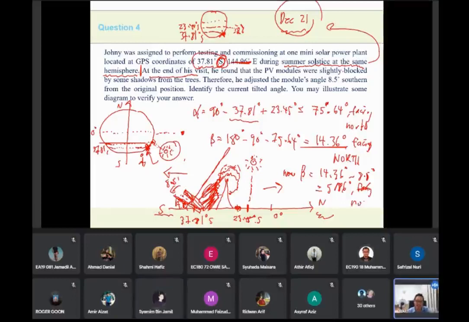Still north, the direction has not changed. Just the degree is decreasing because we purposely adjusted the modules 8.5 degrees southern from the original position. The original position is 14.36 facing north. What we purposely reduce is southern. Southern and northern are different directions. So that's why we reduce it.